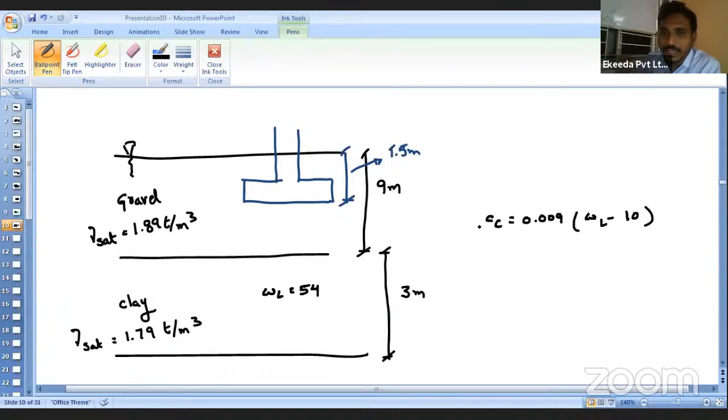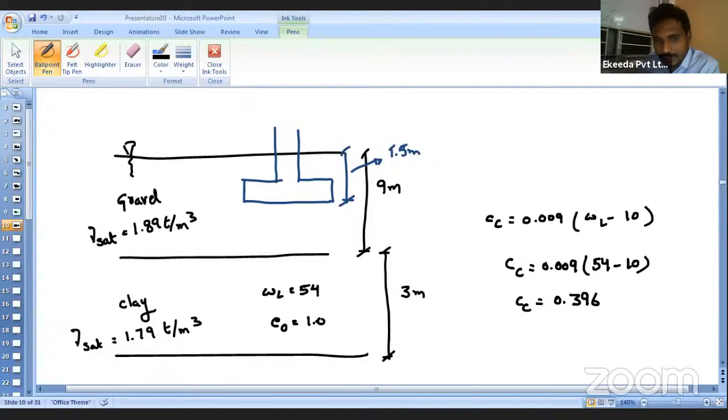Okay. Now, if liquid limit is given, then find out what is the compression index. That is nothing but 0.09 into liquid limit, given as 54, minus 10. If we solve this, let us say the compression index is obtained to be 0.396. And imagine that the initial void ratio is also given, that is 1.08.